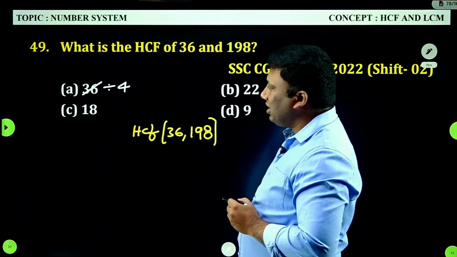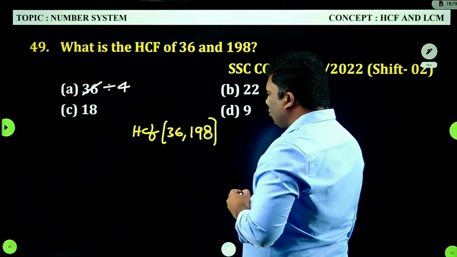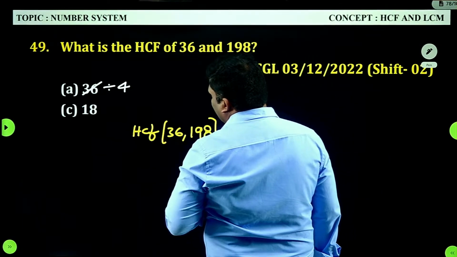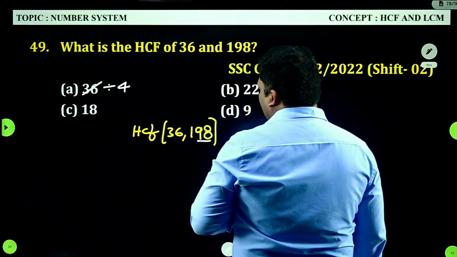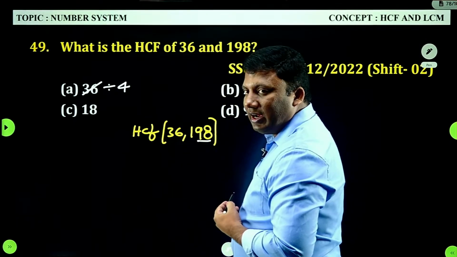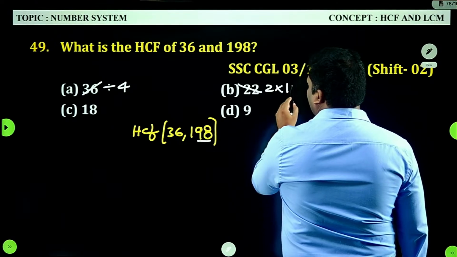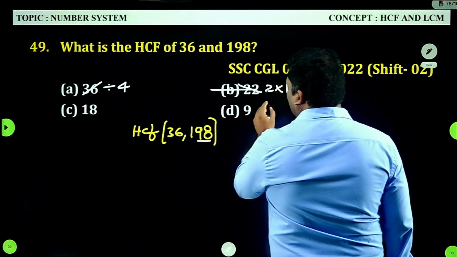The answer, being an HCF, is divisible by 4, so all the input numbers should be divisible by 4. 98 is not divisible by 4. I hope the idea is clear. 22: the answer is divisible by 11, but 36 is not divisible by 11.